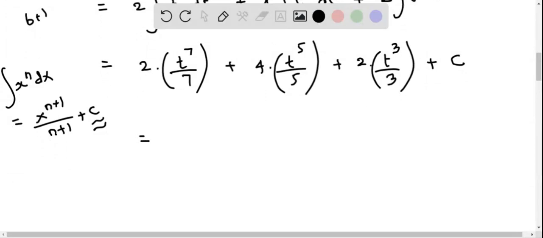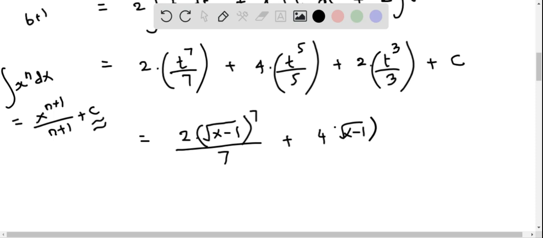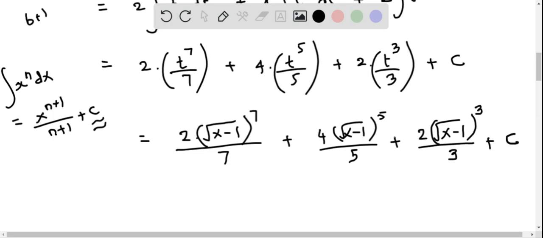Therefore this becomes 2 times the square root of x minus 1 raised to the power 7 over 7, plus 4 times the square root of x minus 1 raised to the power of 5 divided by 5, plus 2 times the square root of x minus 1 raised to the power of 3 over 3, plus c.